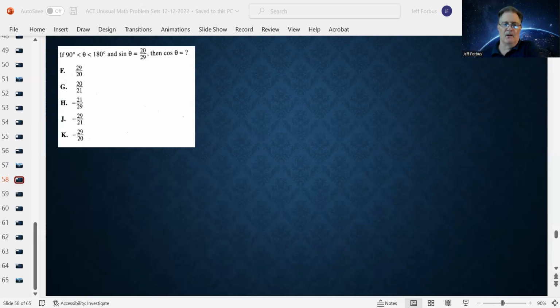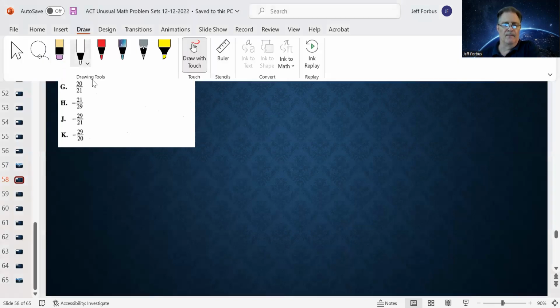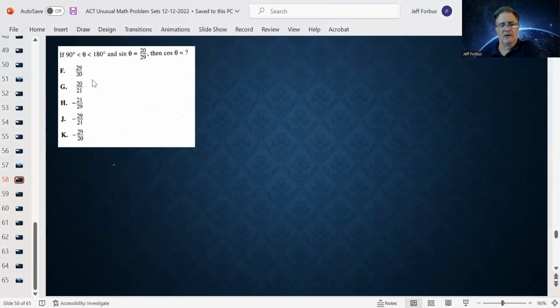We're going to have to look at this from the perspective of the triangle and from their parent waveforms. So the first thing we'll do is look at it from the perspective of the triangle so we can calculate the cosine.